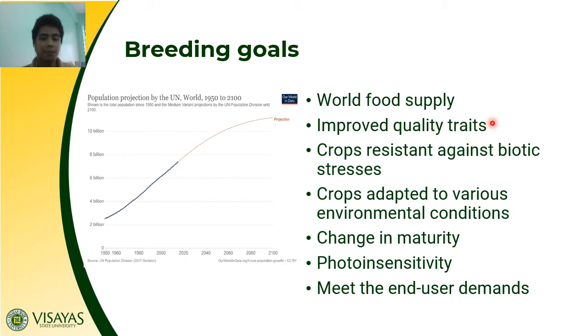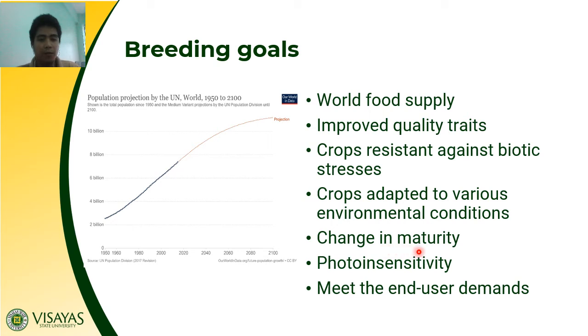Say for example, the nutritional content, the protein content, and other properties and qualities in a crop. Also, you can target breeding for resistance against biotic stresses like pests and diseases. Or you can create a variety that can adapt to various environmental conditions like saline or drought or water stress environment.